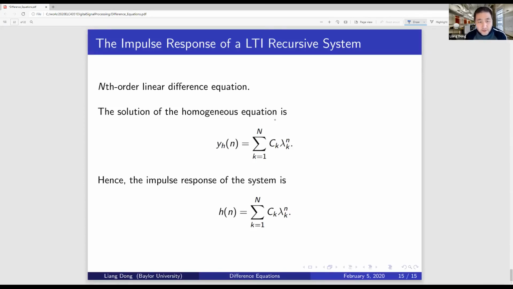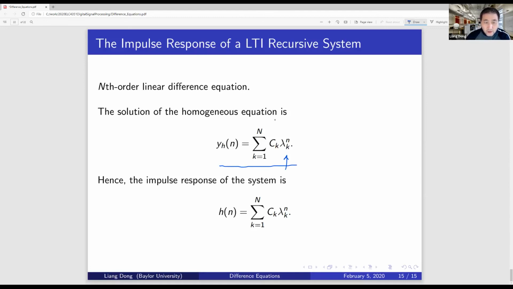For an nth order linear difference equation, since the solution of the homogeneous equation is in this format, we are using all these polynomial roots, lambda k's. And the homogeneous solution is in the format like this, with all these c sub k's we need to solve.